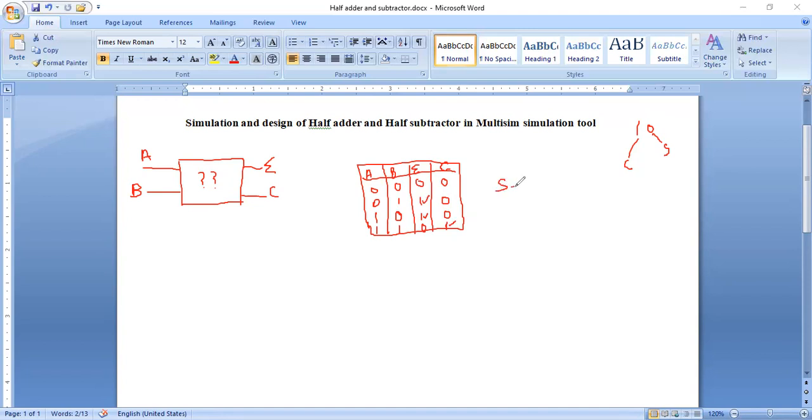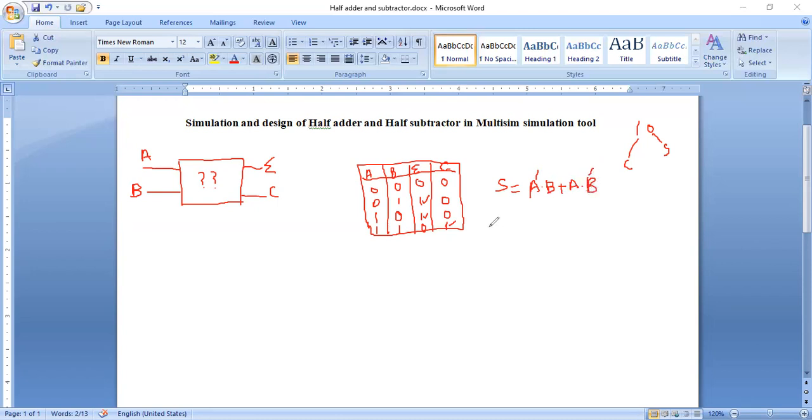Sum is basically A complement with B, and next A and B complement. So I can write here A complement dot B, next plus, A dot B complement.